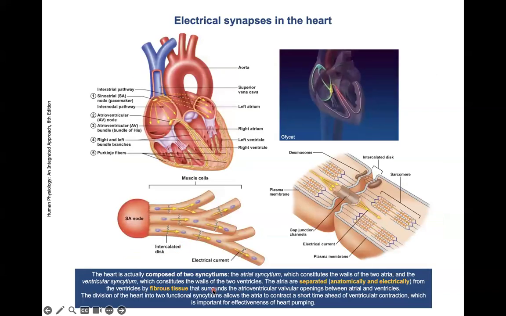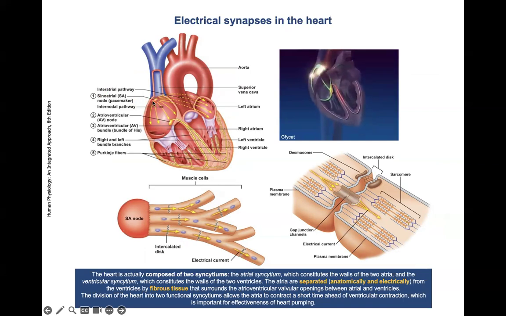Now let's take a look at some examples for electrical synapses. Prime example is the heart as a syncytium. We have here the excitation system of the heart. It starts off with the sinoatrial node. I'll discuss this in detail in a separate part.